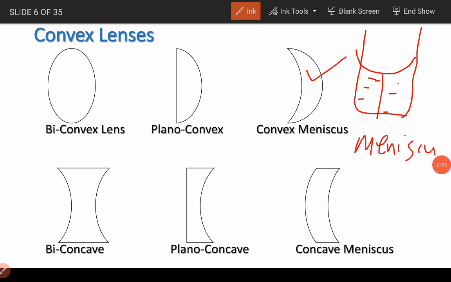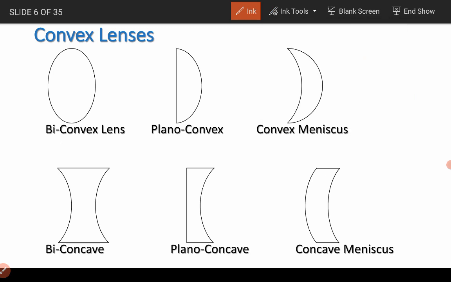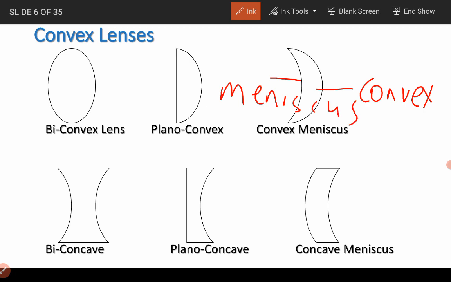So in relation to the lens we have here, this end here is the meniscus. This one is the convex. Therefore, the type of lens is called the convex meniscus.